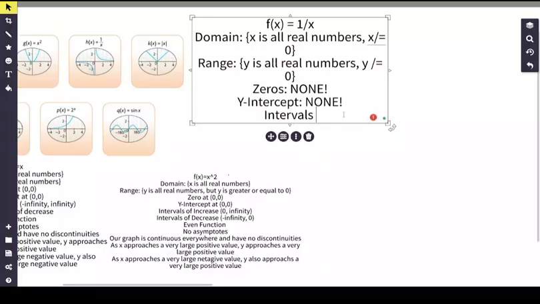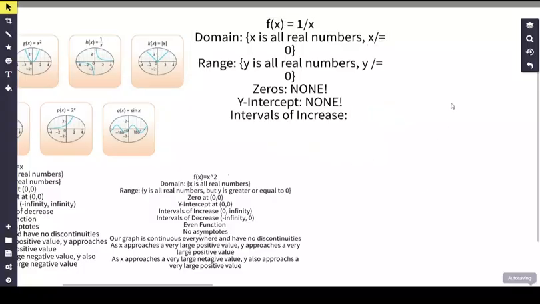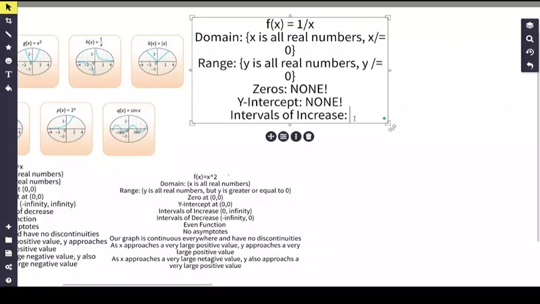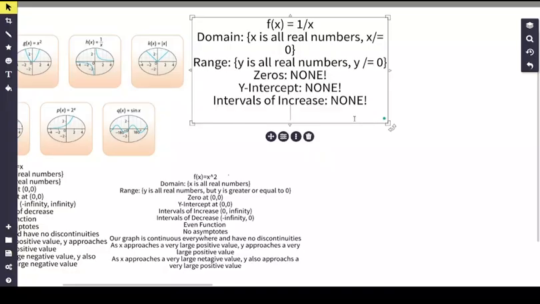Now let's talk about the intervals of increase. Intervals of increase is where our function goes up, so it goes up and to the right. Notice that on the left it goes down, and on the right it starts from a very positive value and goes all the way down, less positive and less positive. So there is no increase. None.